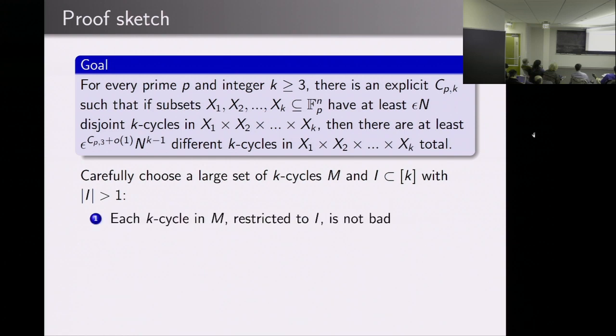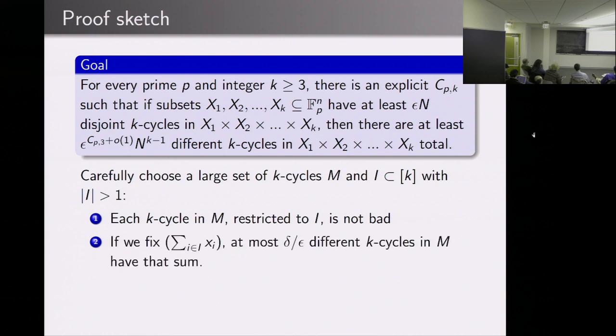First of all, for each of the k-cycles in our collection, if you just take the coordinates in I, this is not a bad i-tuple. And the second property is a bit more complicated, but basically we can look at all the k-cycles which sum to a fixed value over our set I, and this shouldn't extend in too many ways.